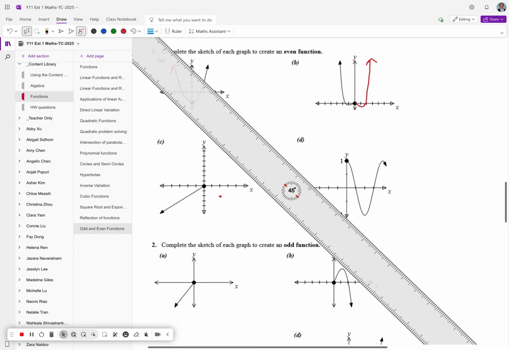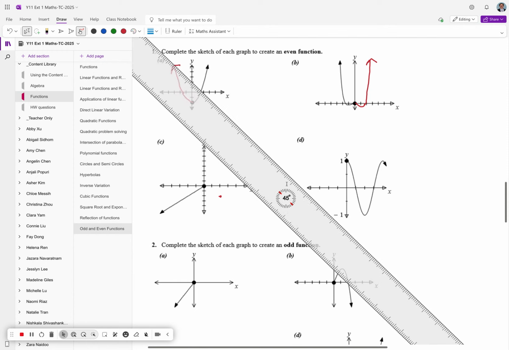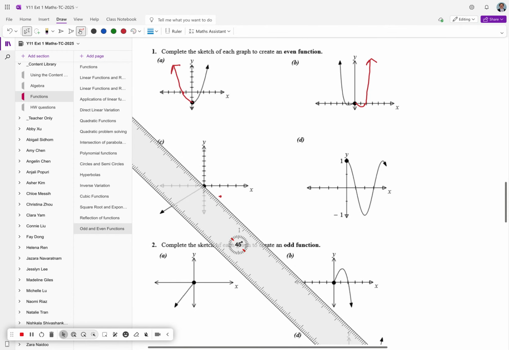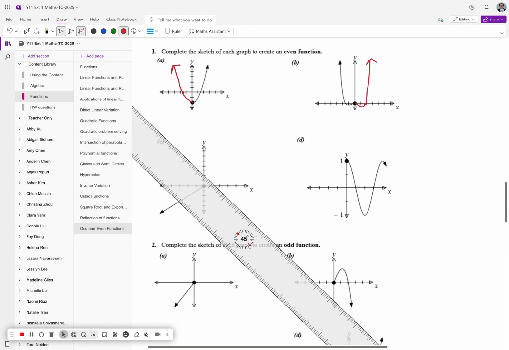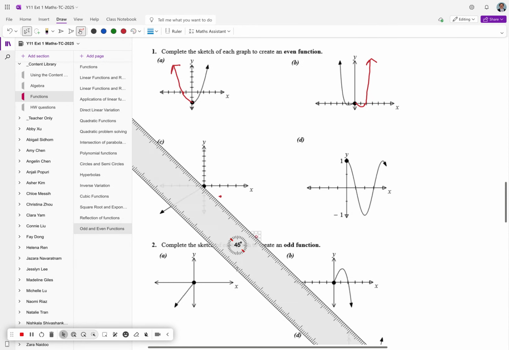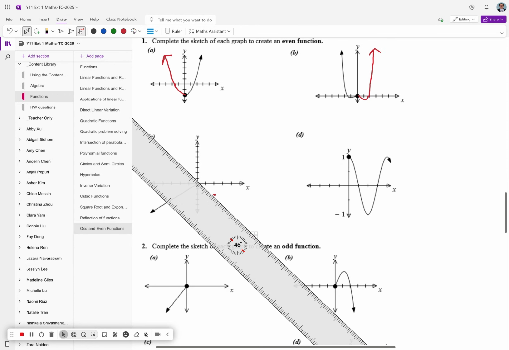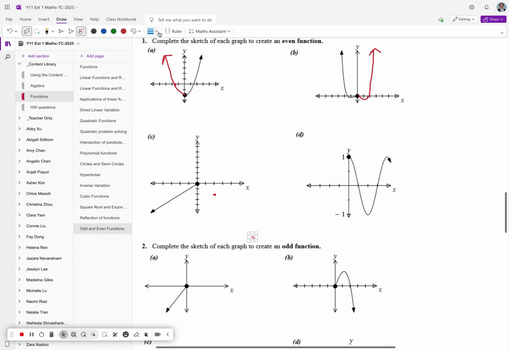I've got a ruler. Okay, can I move that? Let's see. No, it looks like the ruler's not going to help me. So we'll have to do it by hand. It looks like I don't have any line tools available on this program.